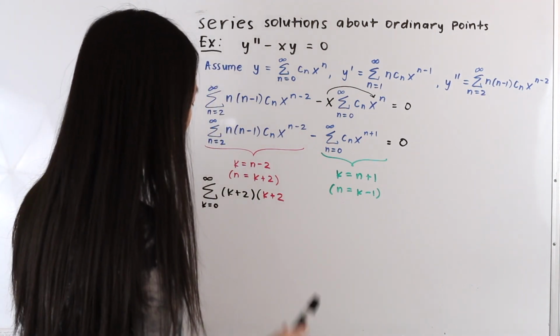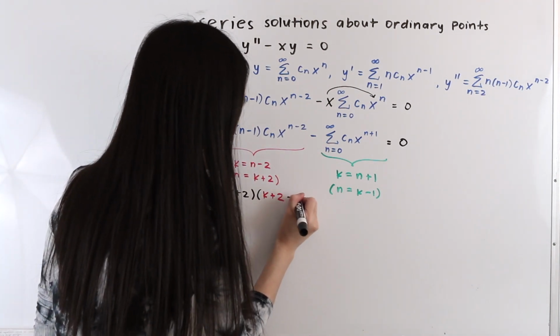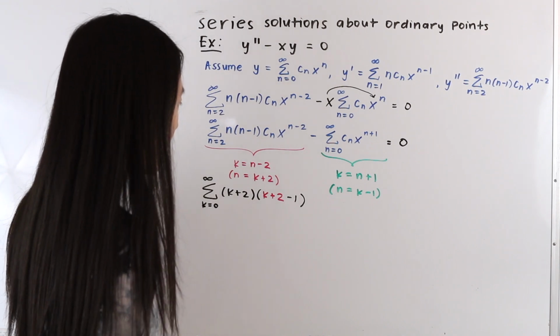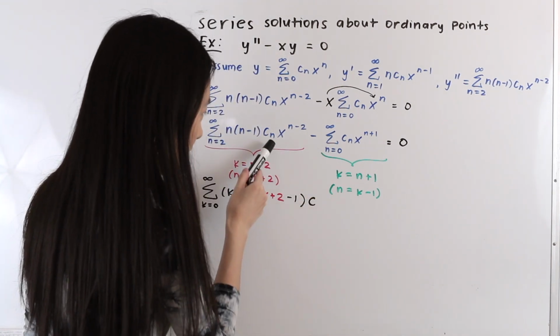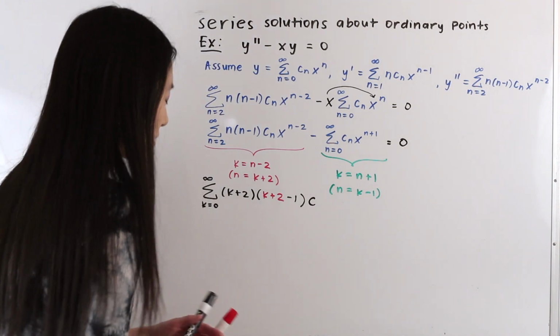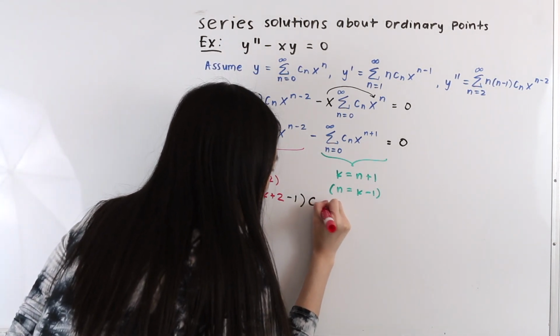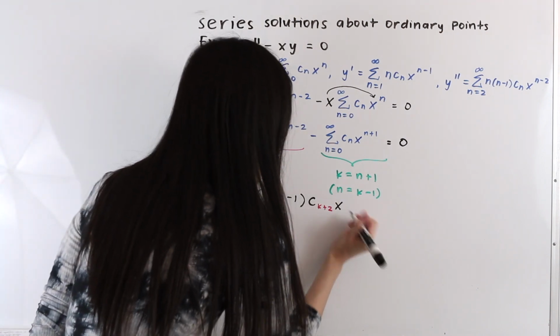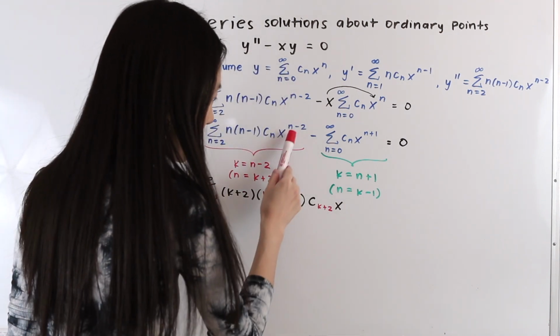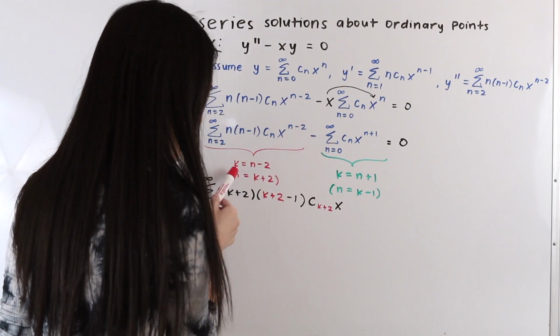And then we have minus 1. And then we have c, and then n, so n is equal to k plus 2. And then we have x to the n minus 2, so n minus 2 is just equal to k.